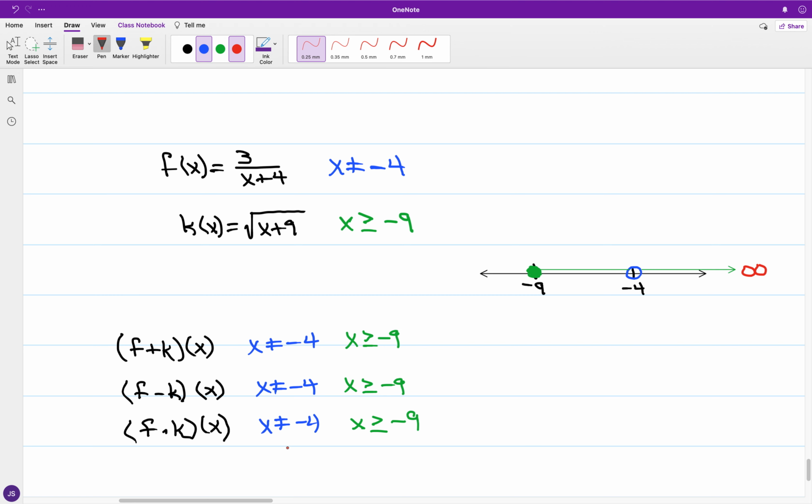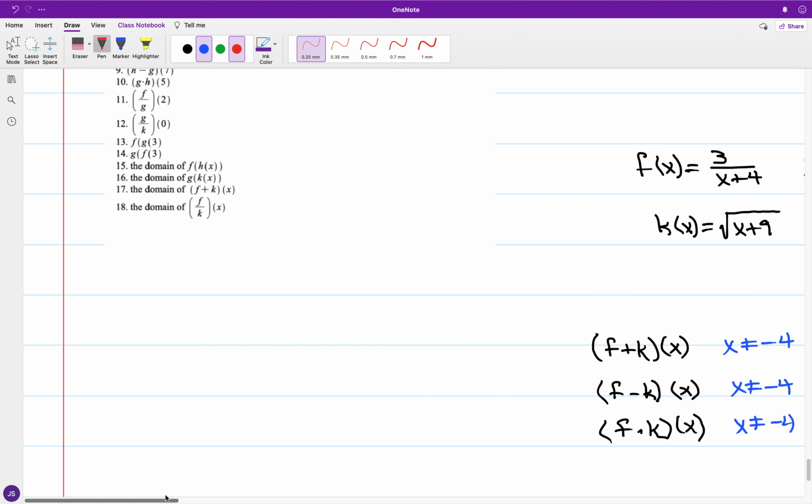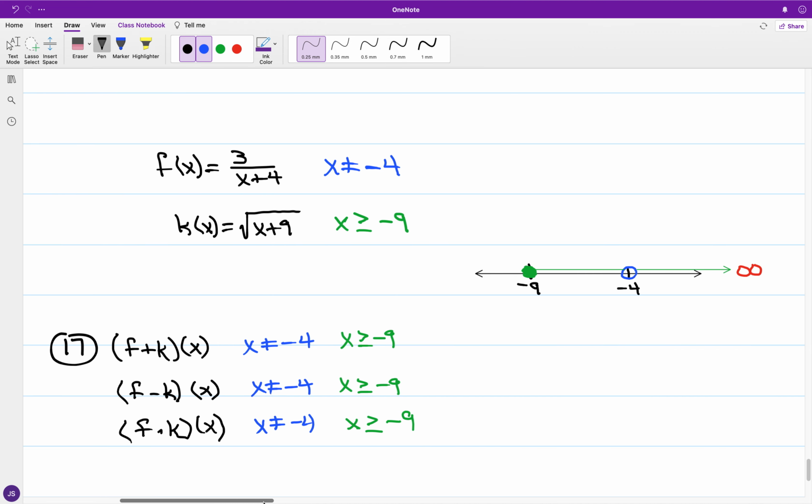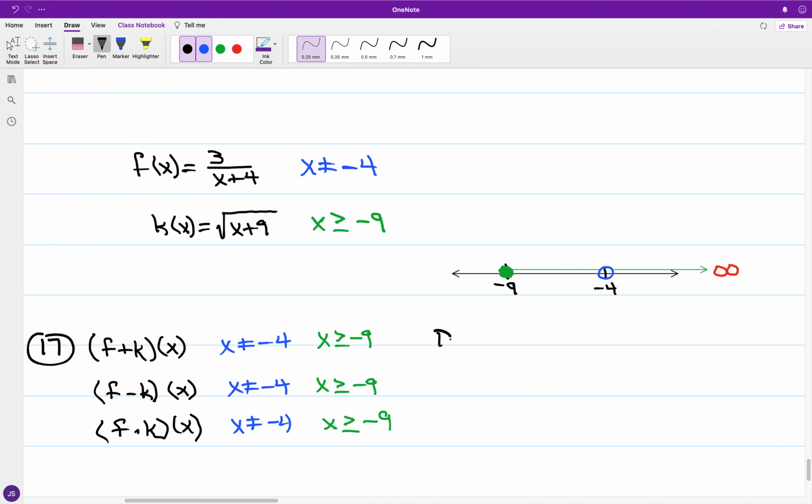And just for the sum, difference, and product functions, just for number 17, for f plus k of x, for the domain, there's nothing going out in the direction of negative infinity.